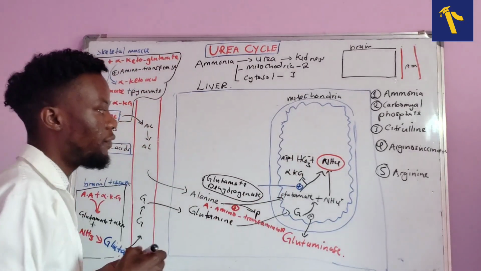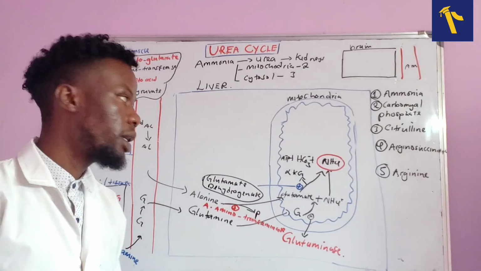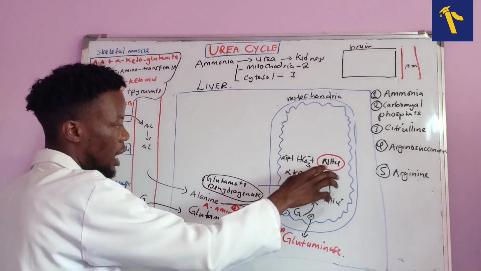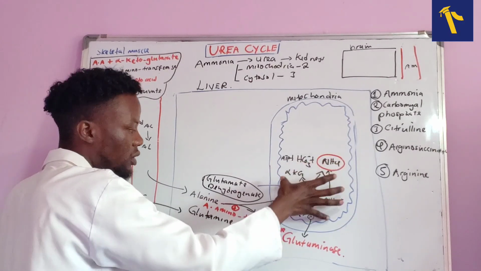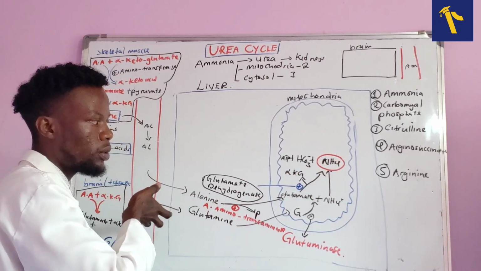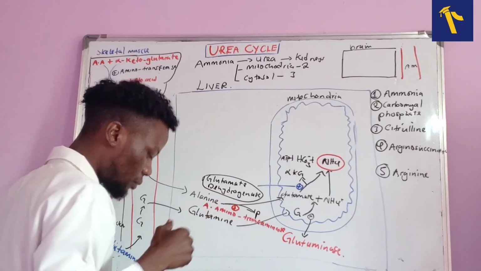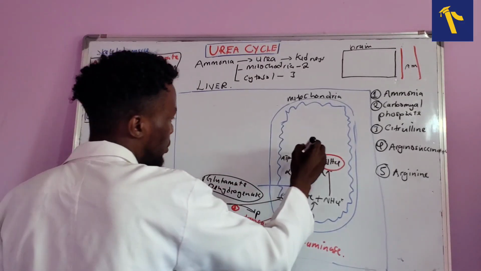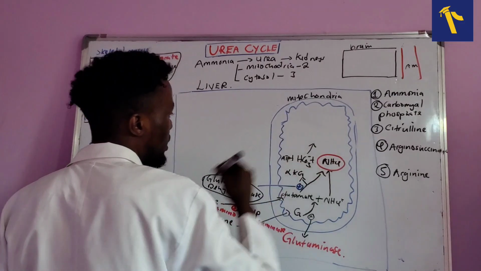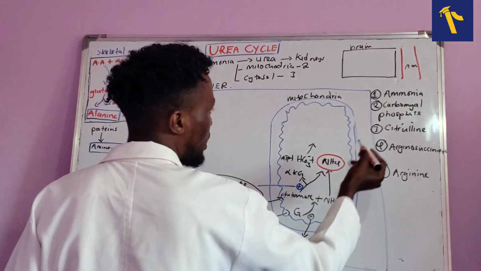This is the first important step that's going to happen. So this ammonium that has been produced because of these processes we're talking about will start combining with bicarbonate and ATP, to produce a certain important molecule, which is what?